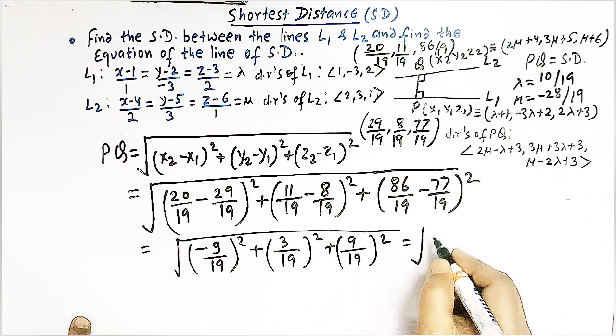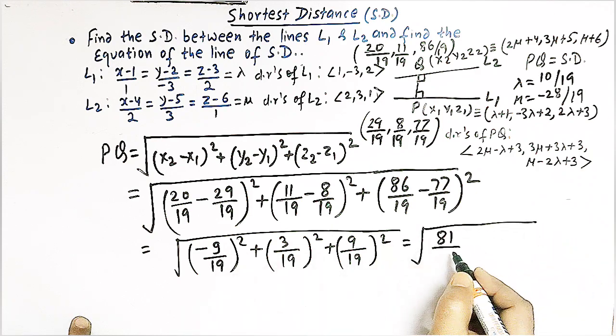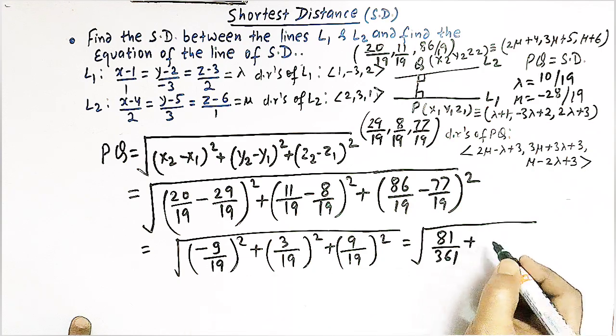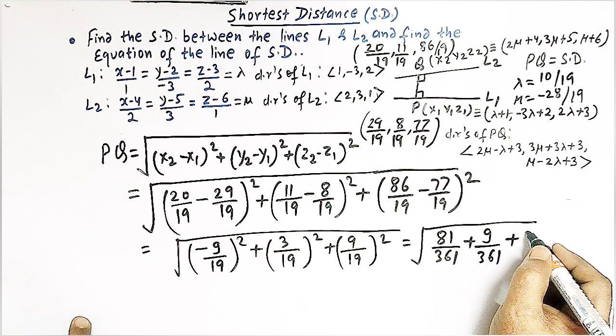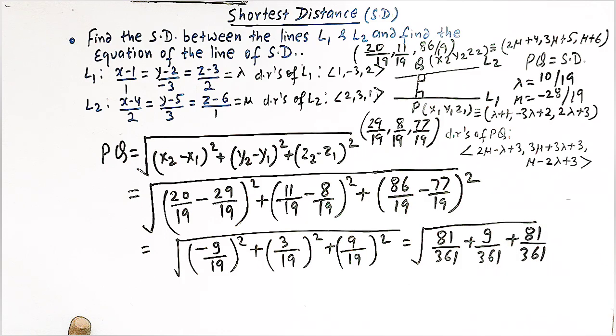So now we can write here, this is 81 over 361, and then we have 9 over 361, and here we have 81 over 361. So the square of 19 is 361.